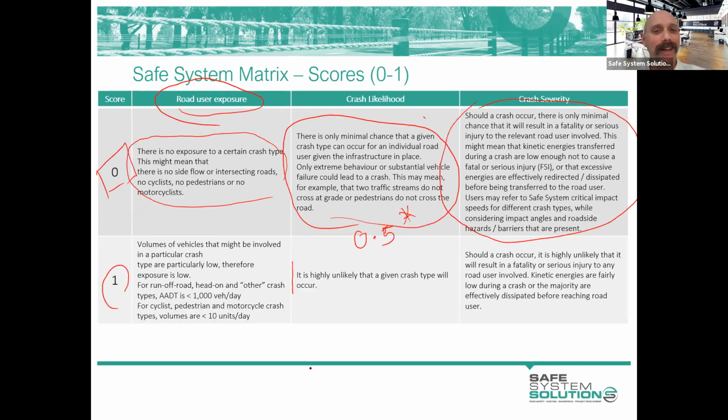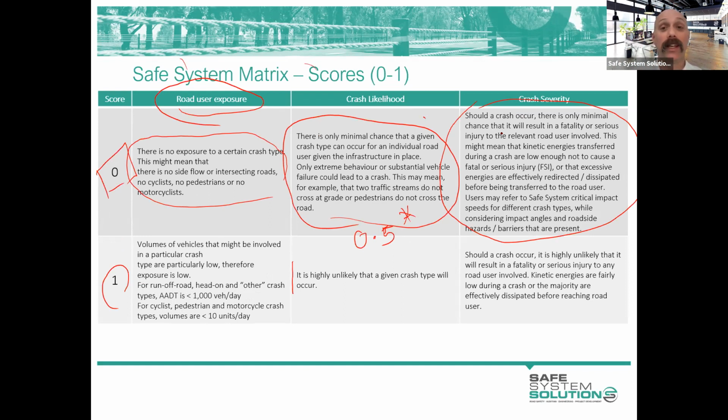But remember that crash history is going to be sort of a product of all three of these: the exposure, the likelihood, and the severity. So how you would apportion that is a bit of a challenge. But yes, that could be one of the factors that you could put in there to almost validate a bit of your choices.